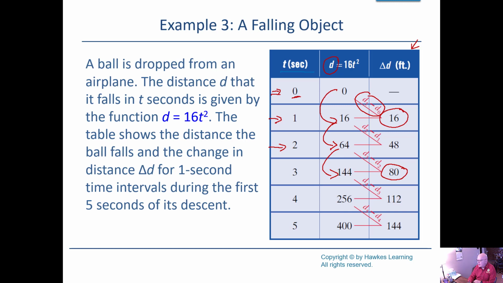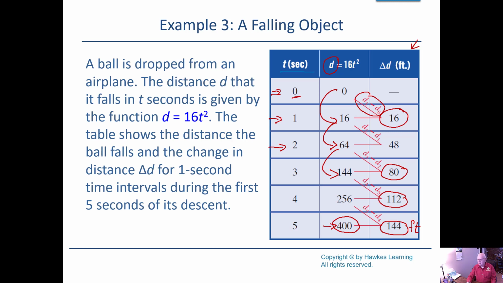In the 4th second alone, it's gone 112 feet. In the next interval, it's at 400 feet below the airplane, and during that 5th second, it went 144 feet. So that's what happens during the first 5 seconds of its descent.